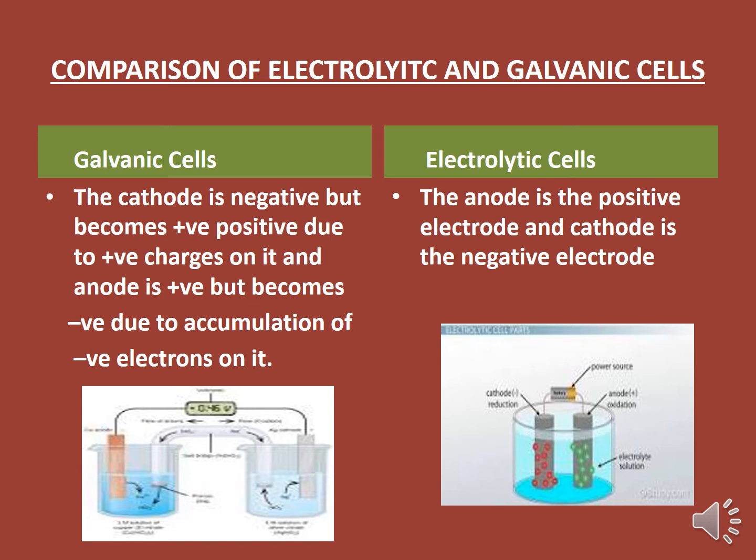And the anode is positive, but it gains negative charge because of the accumulation of negative charges, that is the negative electrons which are generated by the atoms of the anode.